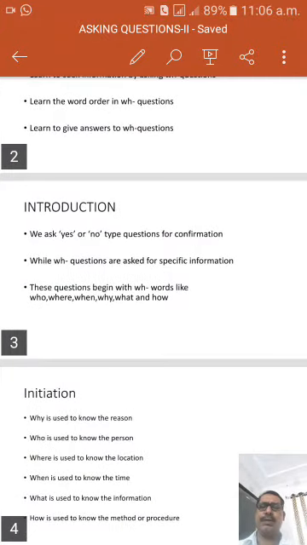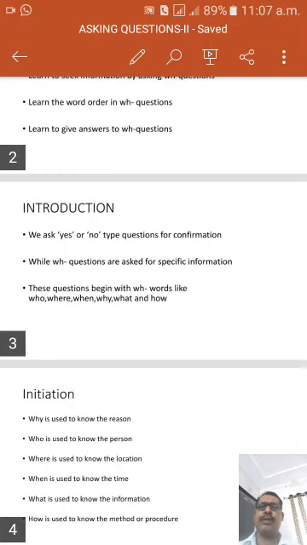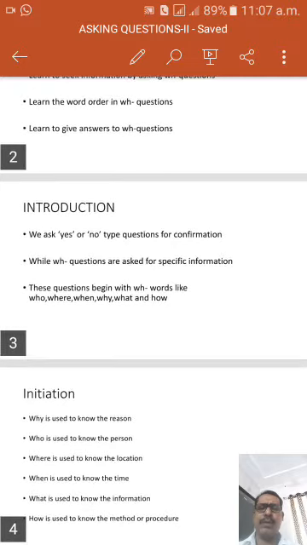Introduction of the lesson. We ask yes or no type questions for confirmation. Generally, the answer to yes or no type questions is in one word, that is for confirmation, just like question tag.